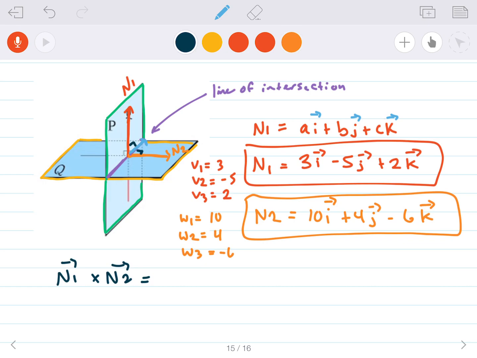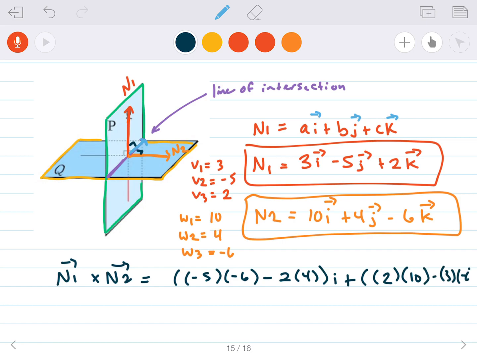Okay, so applying the formula, we get -5 times -6 minus 2 times 4 i, plus 2 times 10 minus 3 times -6 j, plus 3 times 4 minus -5 times 10 k.